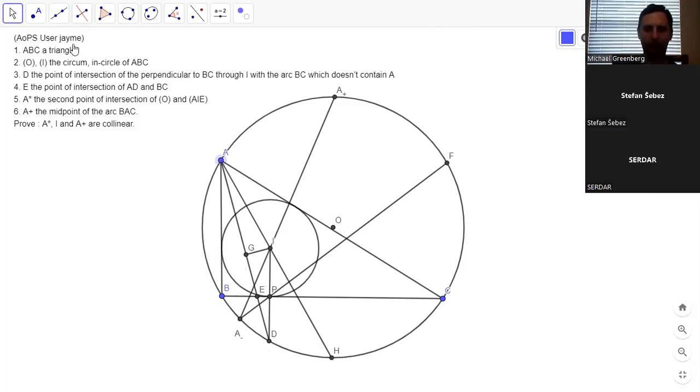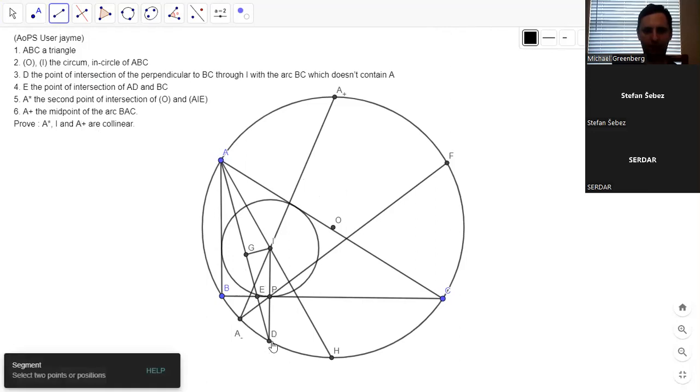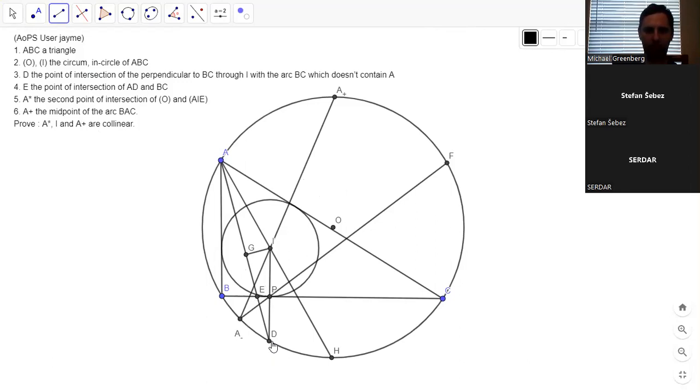That's interesting. Yeah, maybe projective geometry or something.